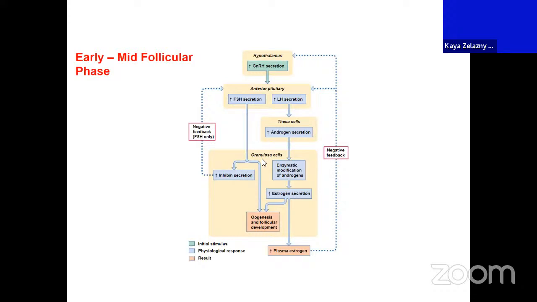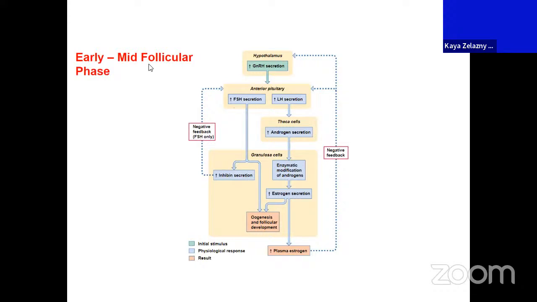Those granulosa cells are going to be releasing some inhibin in response to all this, which is a little bit of a negative feedback loop on that FSH.